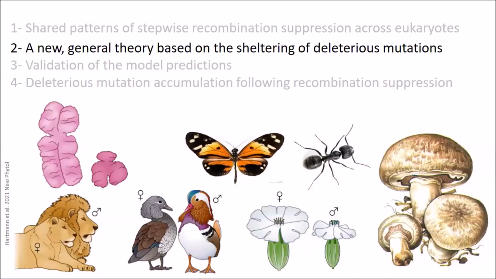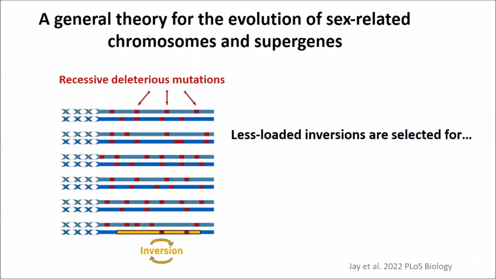So we developed a model to test this idea, that the recombination suppression could actually be selected for sheltering deleterious mutation and not because of sexual antagonism. The idea of the model is that we know that there are many deleterious mutations segregating in genomes, and we know for long, already Nei developed some models, showing that if you have by chance an inversion that carries fewer deleterious mutations than average in the population in this region, it will have an advantage, right?